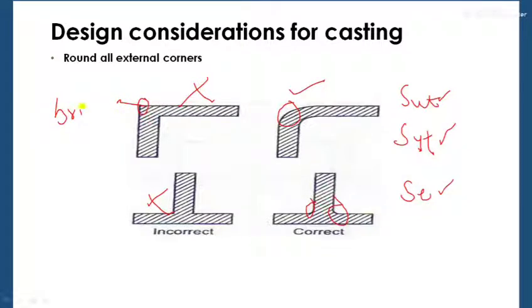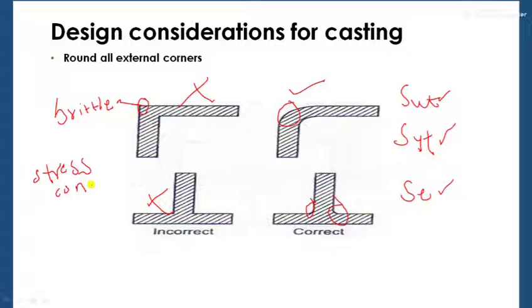It will create chilled edges, small edges which will break, right? So this is the first point, and the second one is stress concentration. Stress concentration is a factor which is also very important in the design of machine elements.